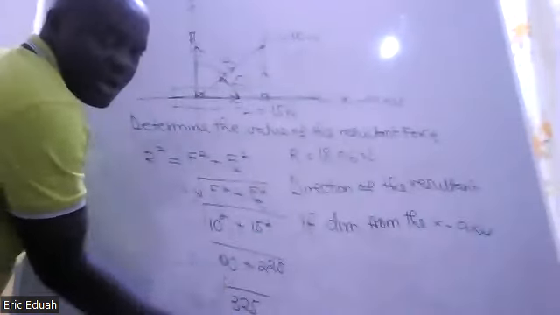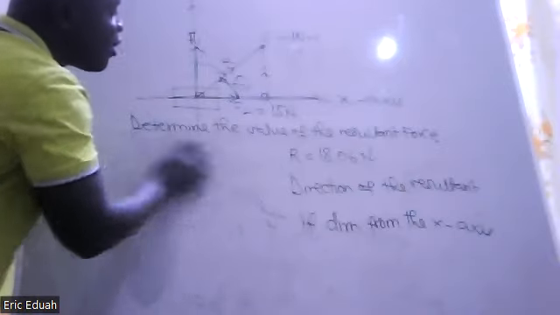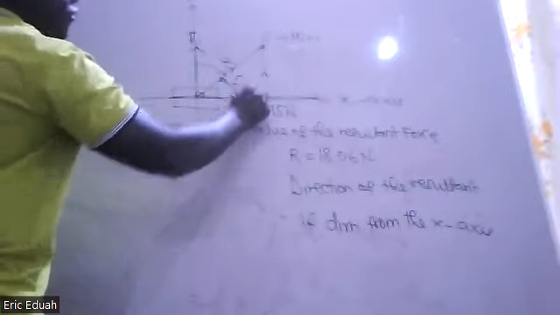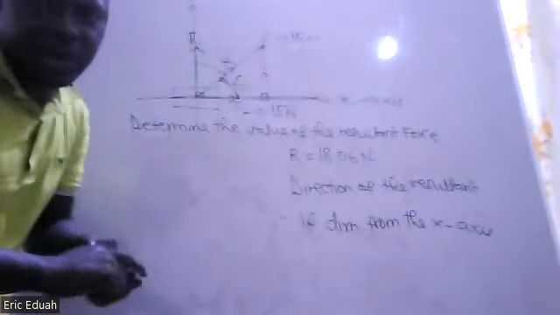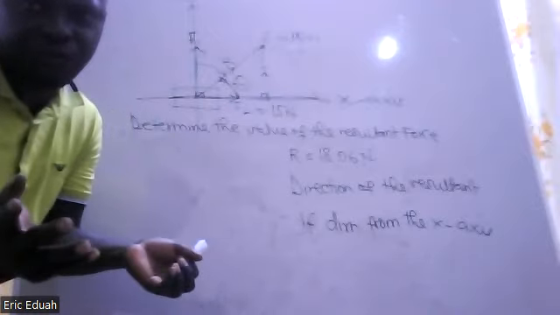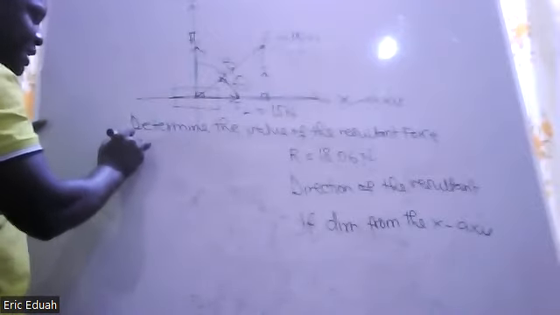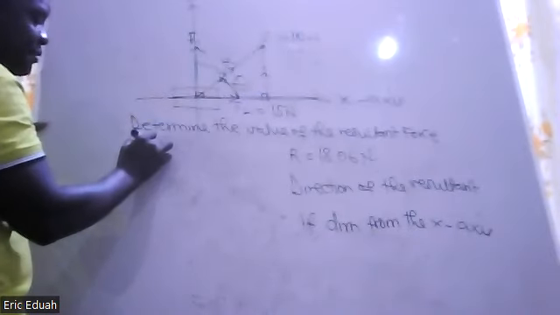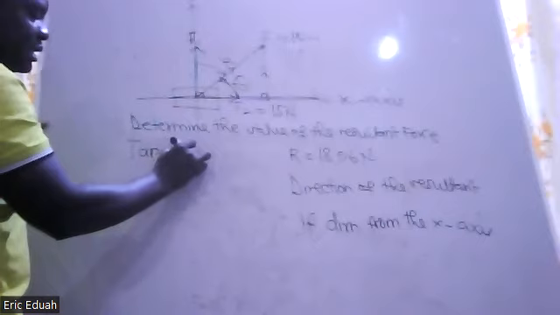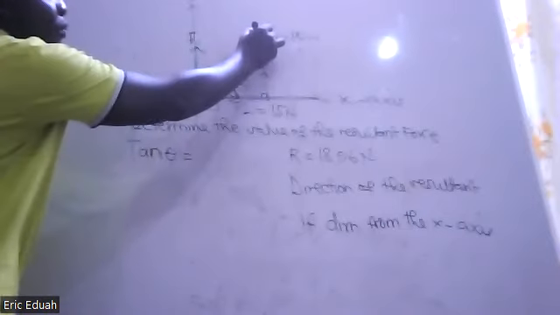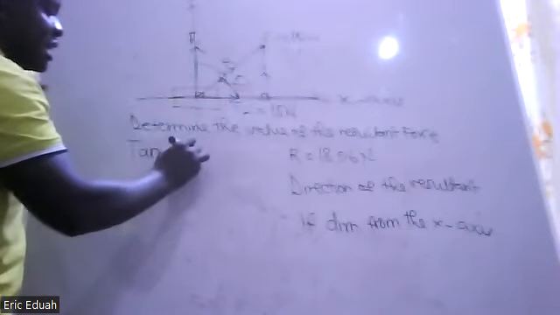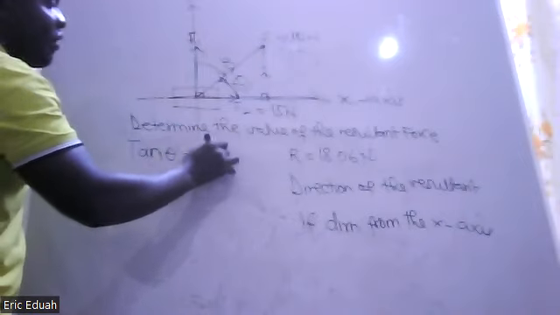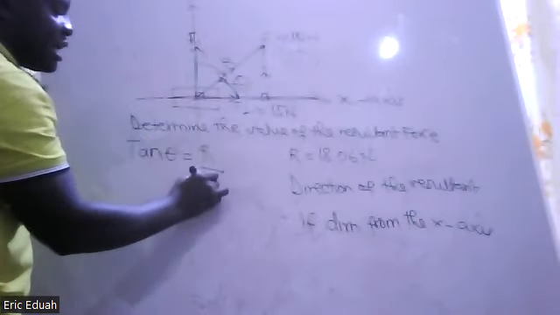All right. Since we know every part, we know F1, F2, and R, we can use any trig ratio to find it. If we take the tangent of the angle to the x-axis, tan theta, tangent is opposite, which is F1, over adjacent, which is F2.